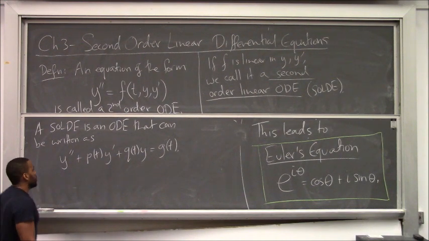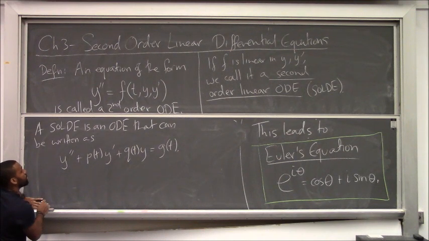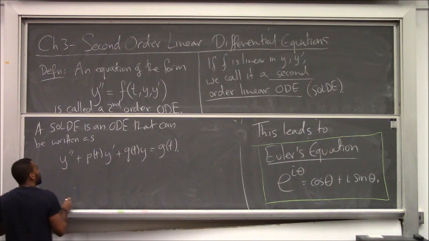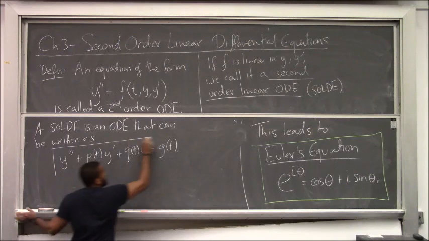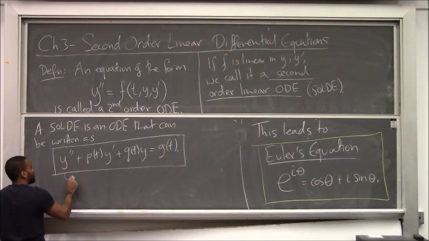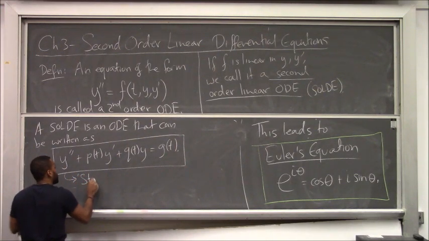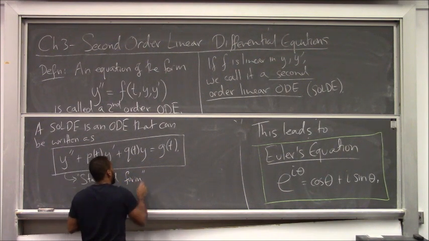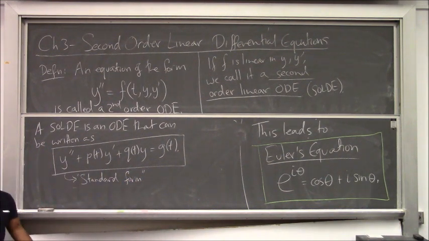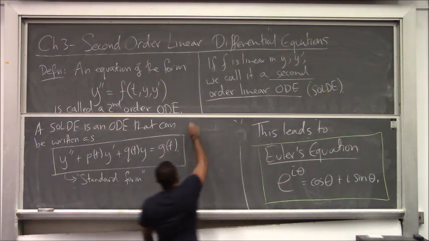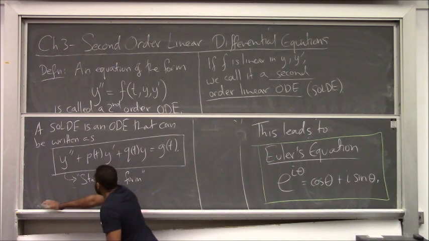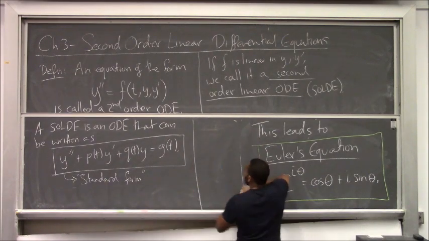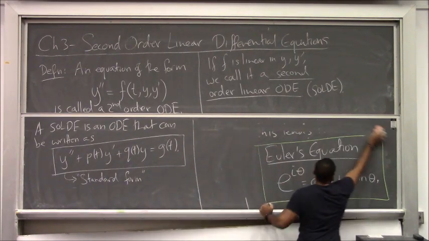Right? Now, so that's one form. This form here is the standard form, so-called standard form. So if on the quiz I ask you, what's the standard form for a second order linear equation? You write that down. Right? So your p, q, and g are just functions of t.